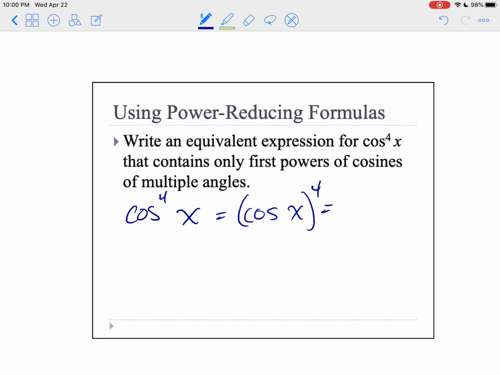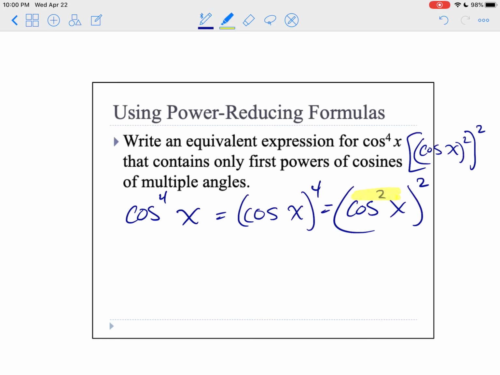What we're really going to think about this is cosine squared x squared, which is really cosine of x squared squared. So we're thinking of this as cosine squared of x squared. Now we know cosine squared of x, we have a power reducing formula for.